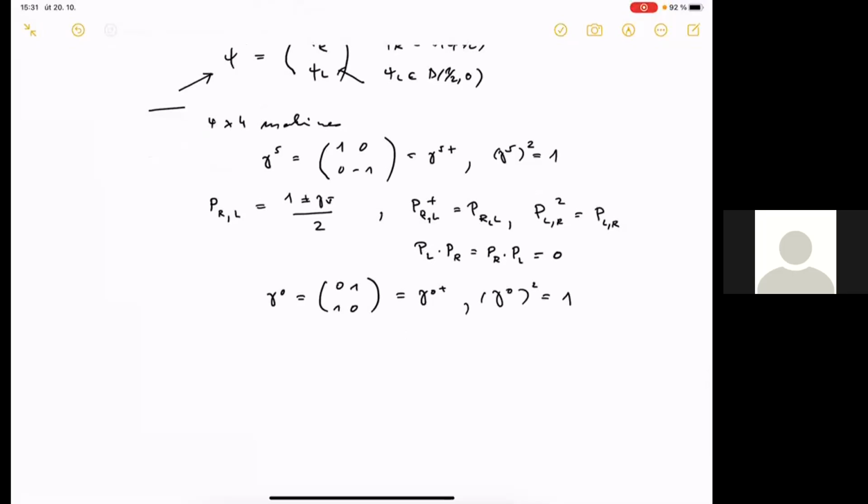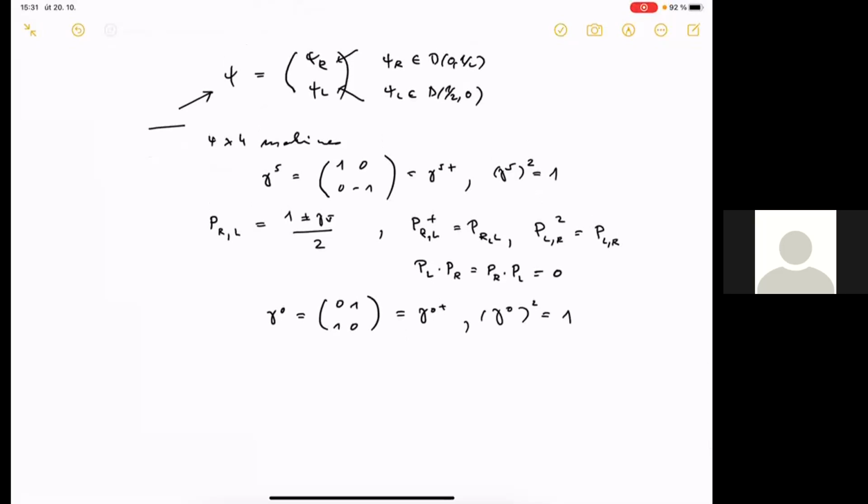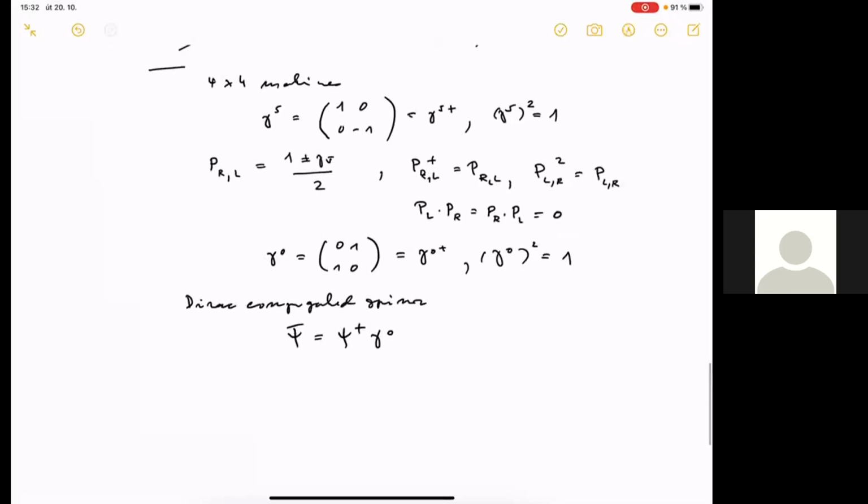And using this matrix gamma 0 and gamma 5, we can construct two types of invariants of the proper orthochronous Lorentz group. Namely, if we define the so-called Dirac conjugated spinor, psi bar, this is the 4-component row, which is defined just as psi with the Hermitian conjugation times gamma 0, we can then form the following invariant.